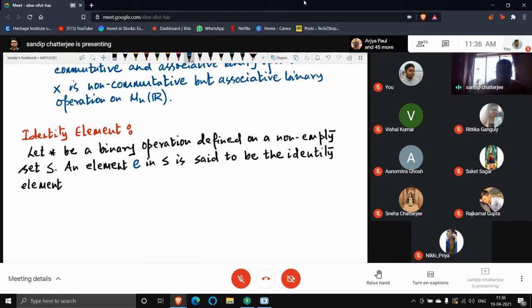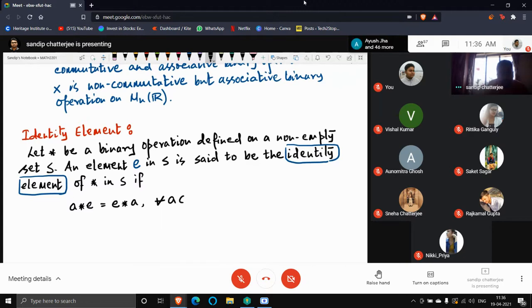This is a very important concept of group theory. An element E is said to be an identity element of star in S if A operated with E is equal to E operated with A for all A in S. Again, this qualifier is important.